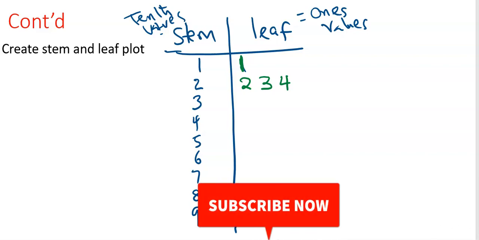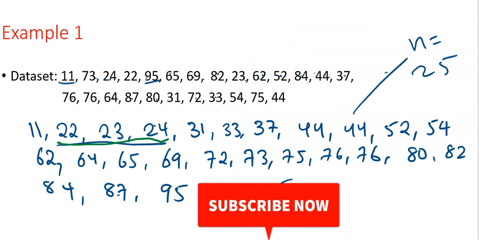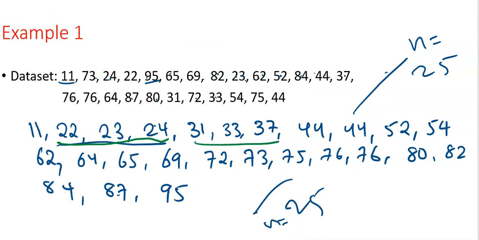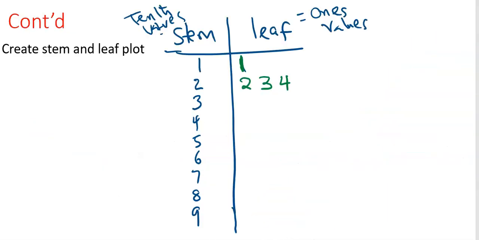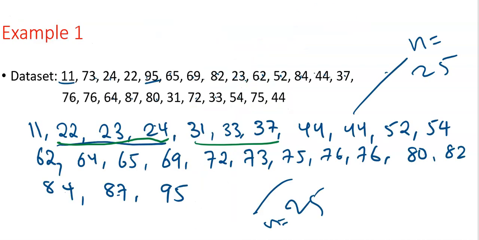How many numbers do I have in the 30s? I have 3 numbers: 31, 33, and 37. These numbers should be aligned well: 3 is in alignment with 3, and 7 with the 7 below it. How many numbers do we have in the 40s?